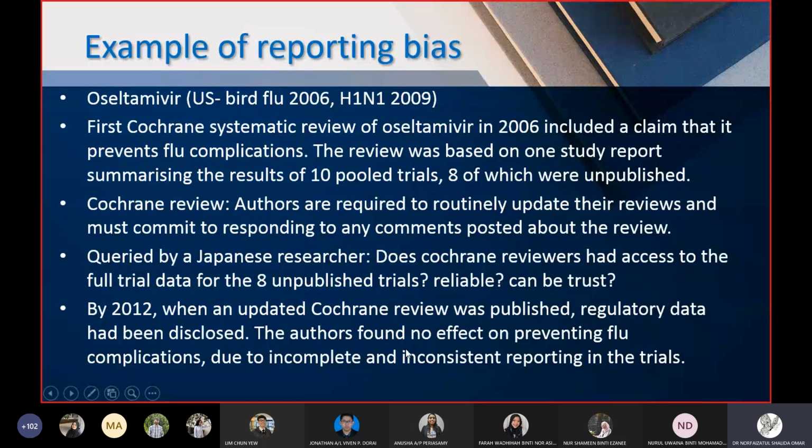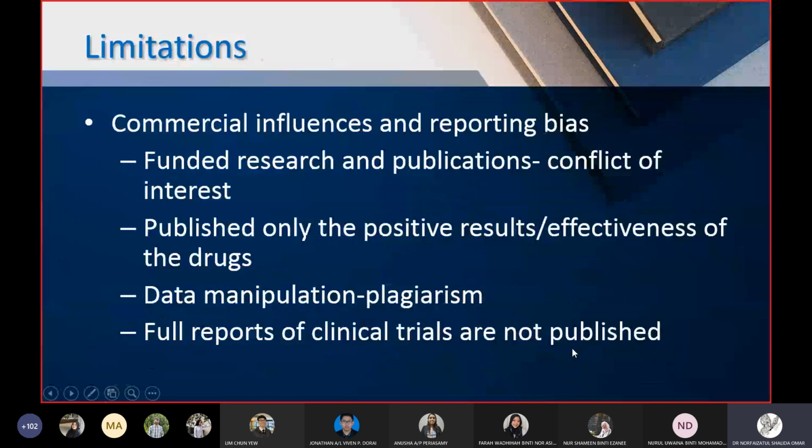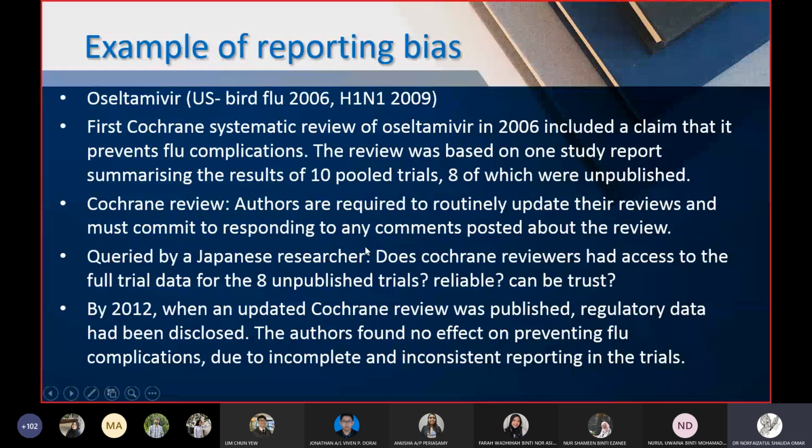So this is the example of full reports of clinical trials not being published. Okay. So because of this unpublished data, they were based on just two published studies which showed a good result. Okay. So these are the downsides of some publications.